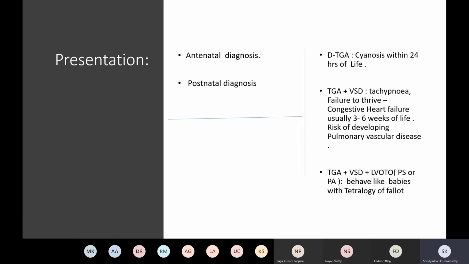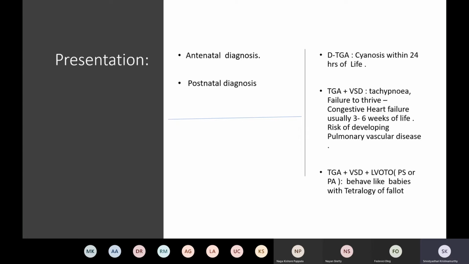Then there's another spectrum of patients who develop outflow tract obstruction, and the most common is pulmonary outflow tract obstruction, which is the left ventricular outflow tract in TGAs.